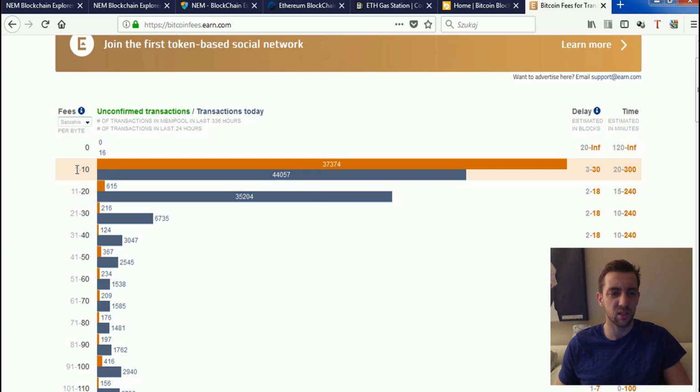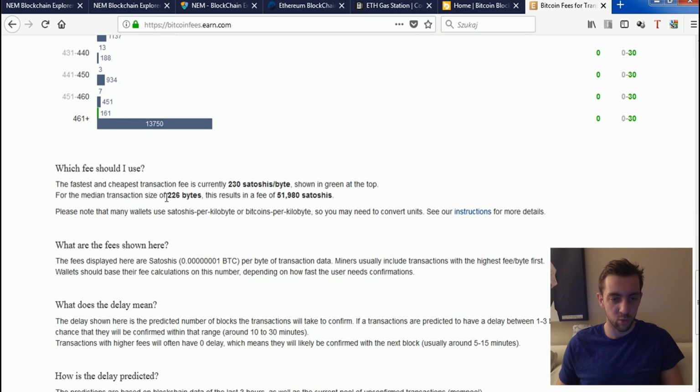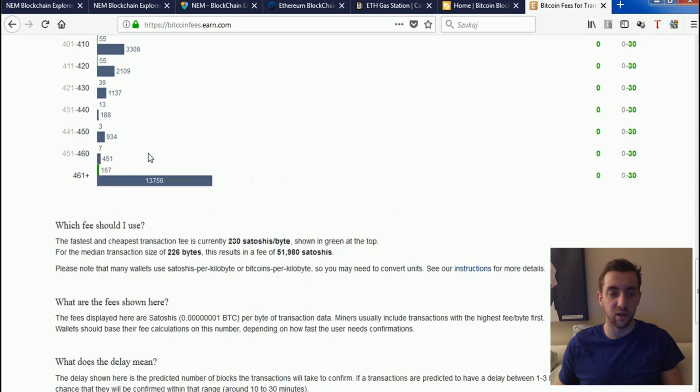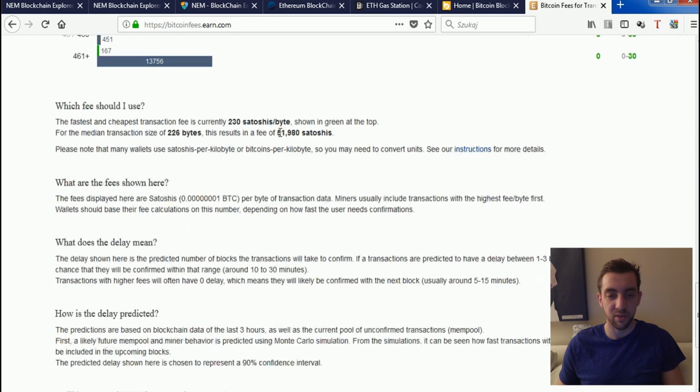A standard Bitcoin transaction is about 226 bytes, and if you are using the safest amount, it's almost 52,000 Satoshis right now. So it's a pretty big number.